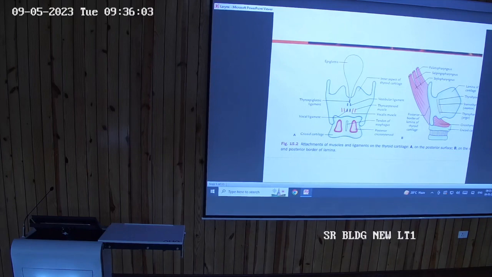Posterior cricoarytenoid muscle is the safety muscle of the larynx because this is the only muscle of the larynx which abducts the vocal cords.